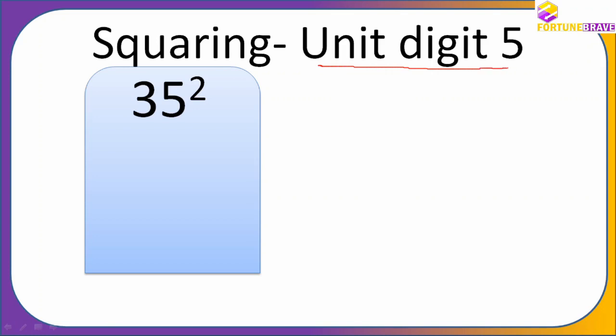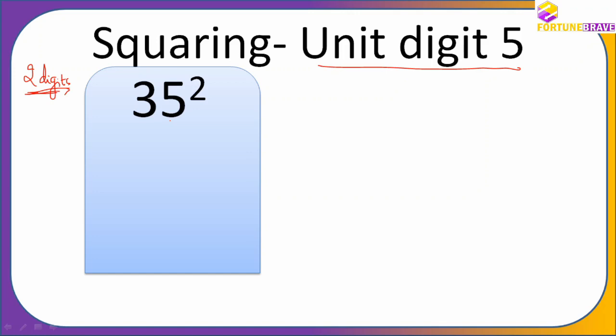Unit digit 5, whenever the unit digit is 5, and all these things are 2-digit calculations. I told you up to 100, so 2 digits. So if the number is 35, 45, 55, 25, from 15 to 95, the last digit, the unit digit, is 5. Do you remember?